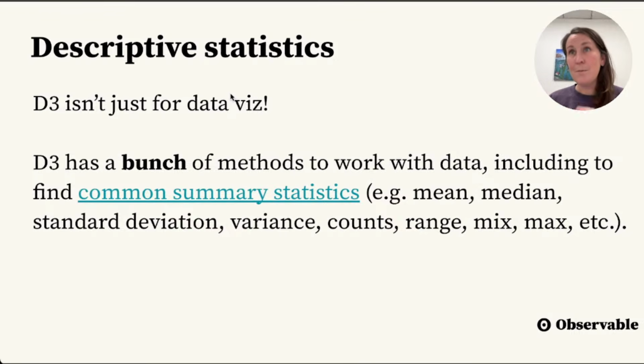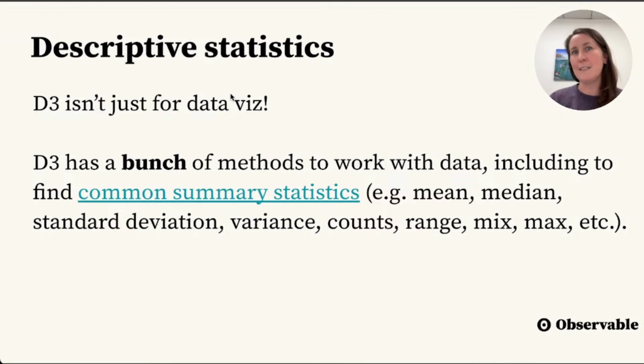But it also has a bunch of methods and tools to allow you to work with data, including many that we'll use today to find descriptive statistics like means, medians, standard deviations, variance, counts, ranges, minimum and maximum, and more.